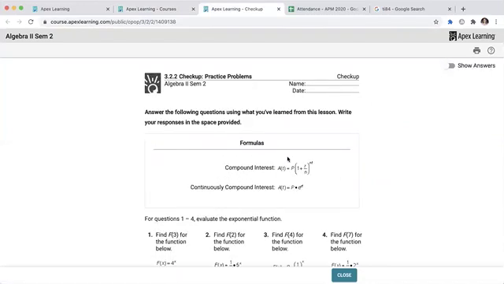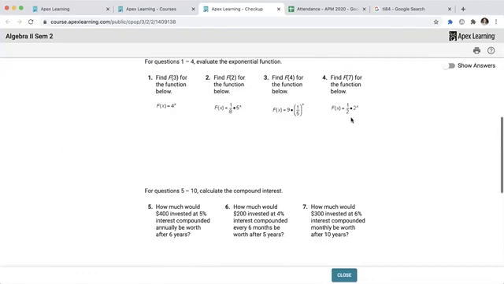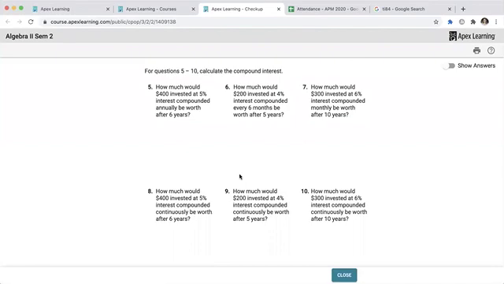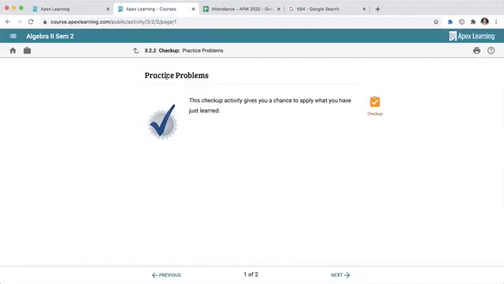And then, of course, with the checkup, what's really nice is they gave us the formulas already that we're going to need. Again, be careful with whether it is continuously compounded or compounded at set intervals. That's going to determine which equation you use. For the first here, it's not terribly difficult. It's just evaluating the functions, making sure that you can plug into your calculator correctly. And then these guys here are all about your interest. I would personally suggest you choose at least one that's compounded at a set interval and one that's compounded continuously.